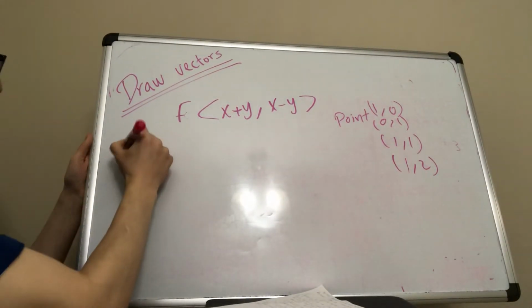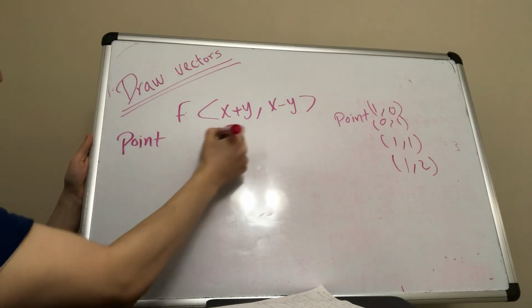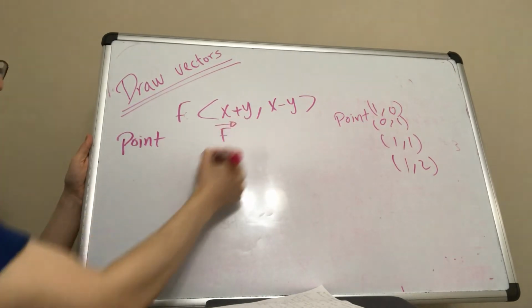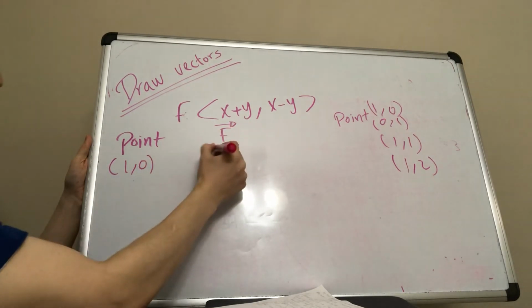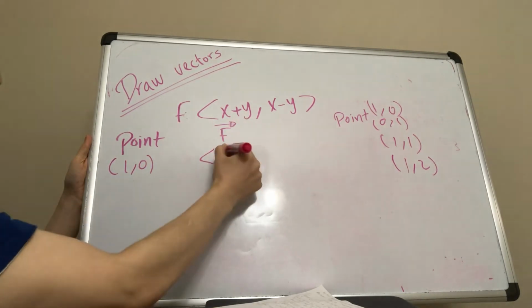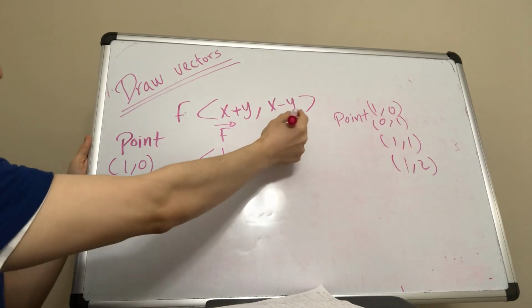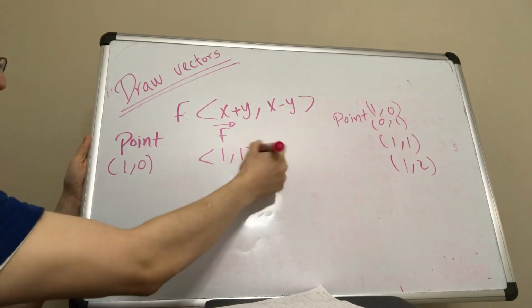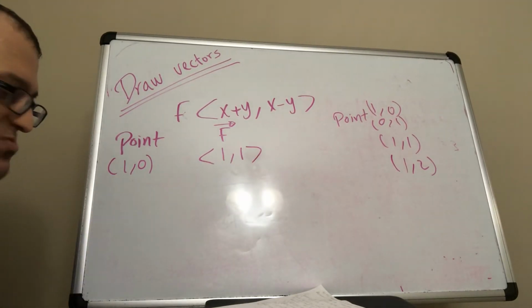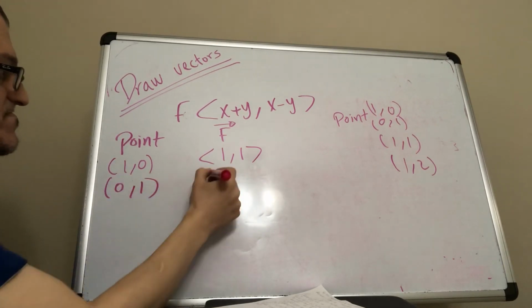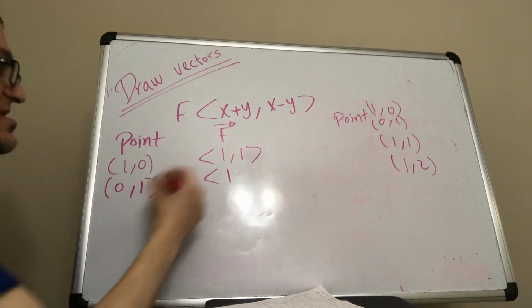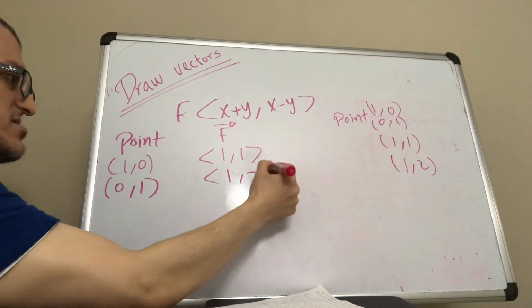Okay, so we have the point, and we have the direction. So the first point is 1, 0. And here 1 plus 0 is 1, and 1 minus 0 is 1. So at the first one it's 1, 1. Second point, 0, 1. This is 1, and 0 minus 1 would be minus 1.